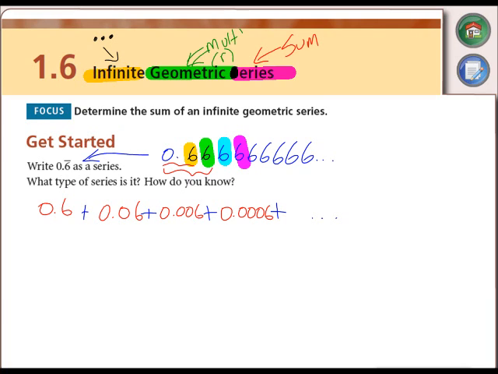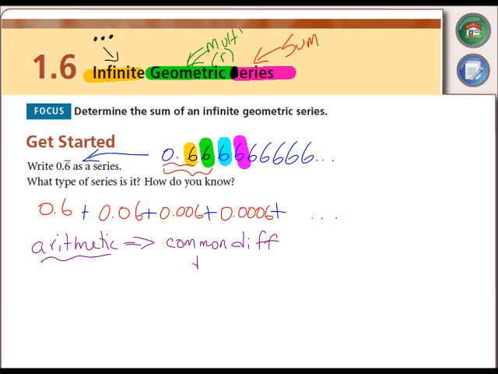Well, the way that we're going to find out, let's do a quick test. If it was arithmetic, then that would mean a common difference. Well, how did we find that d value?